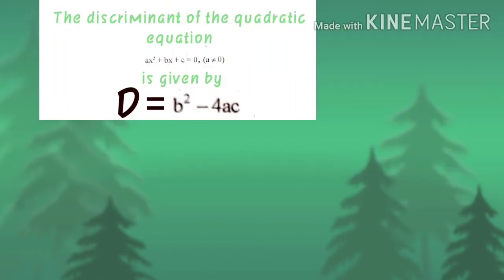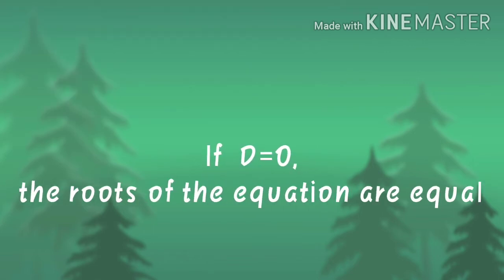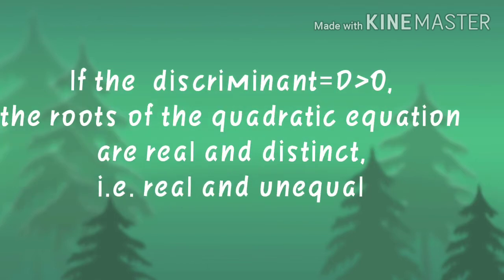If the discriminant D = 0, then the two roots of the quadratic equation are equal. If the discriminant D is greater than 0, then the two roots are real and distinct. That is, the two roots are real and unequal.